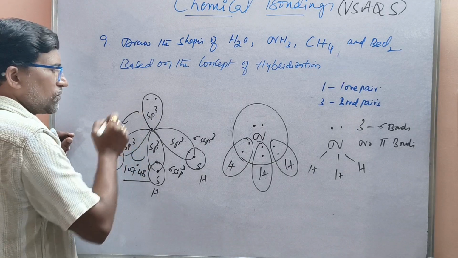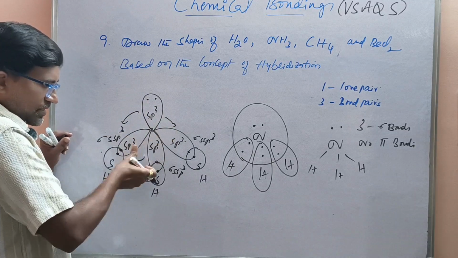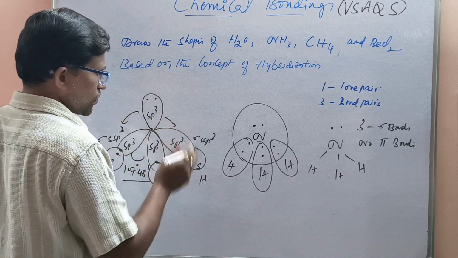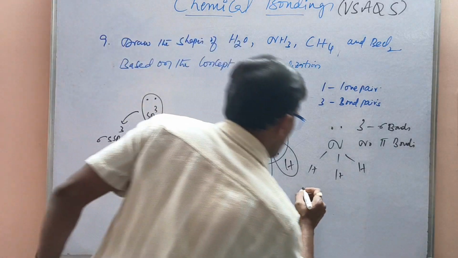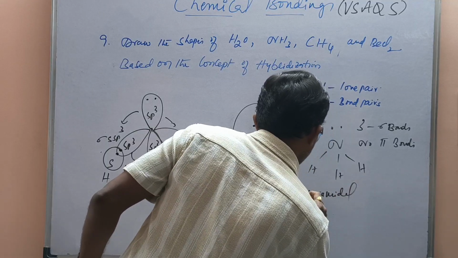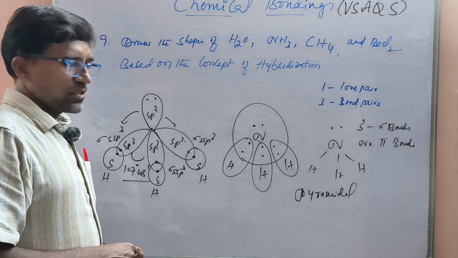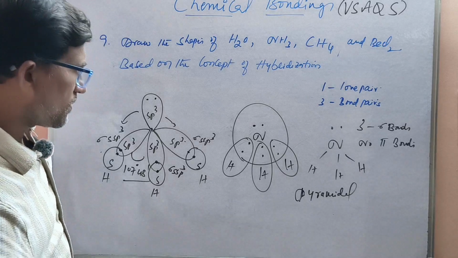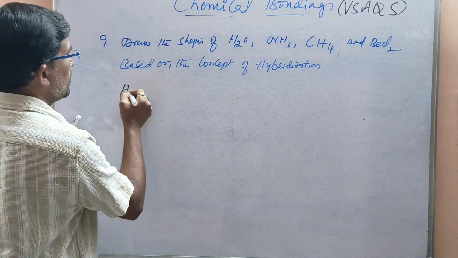So because of these repulsive forces between lone pair and bond pair, the bond angle has decreased from 109 degrees 28 minutes to 107 degrees 48 minutes, and the shape is pyramidal. Already one question was given the answer, that is examples for pyramidal shaped molecules. Okay, and next one is the water molecule.